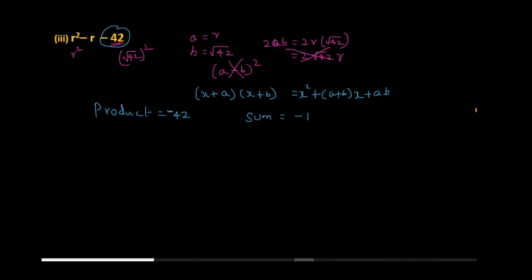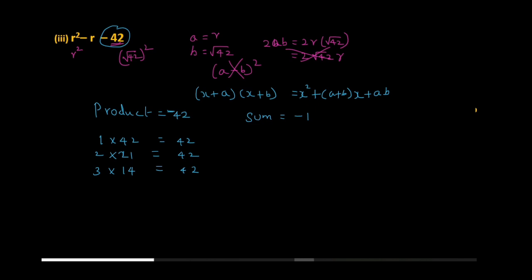When we are multiplying two numbers, if we are getting negative, one should be the negative number. 1 into 42 will give 42. Then 2 into 21 will give 42. Then 3 into 14, 42.